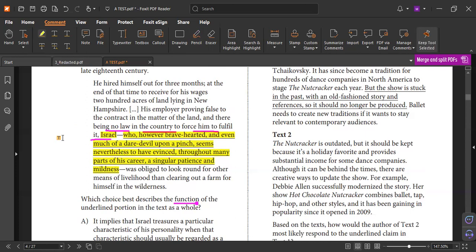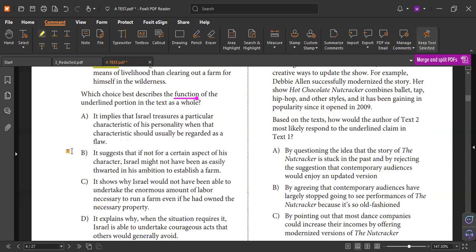Look between the dashes: Israel, who, however brave-hearted and even much of a daredevil upon a pinch, seems nevertheless to have shown, throughout many parts of his career, singular patience and mildness. So Israel was obliged to look around for other means of livelihood, for making a living, for making money, rather than clearing out a farm for himself in the wilderness.